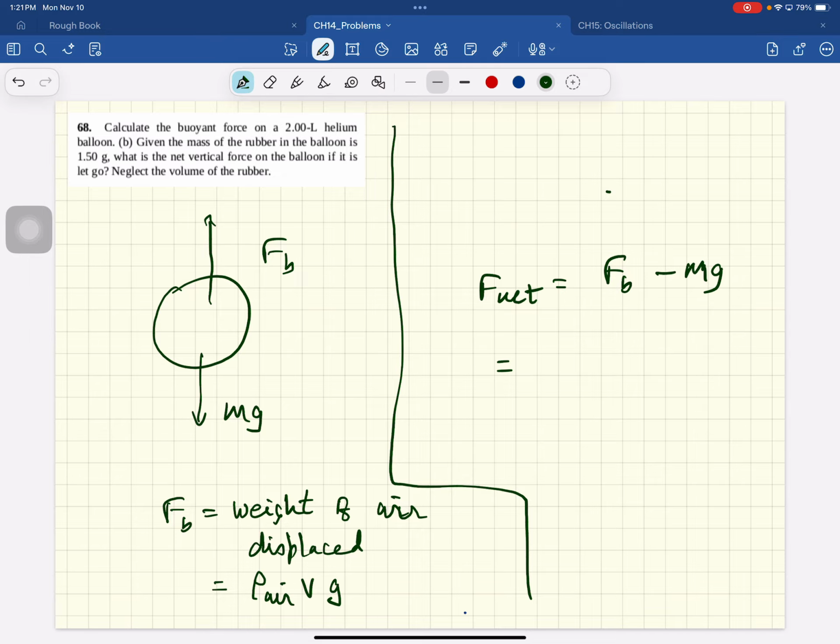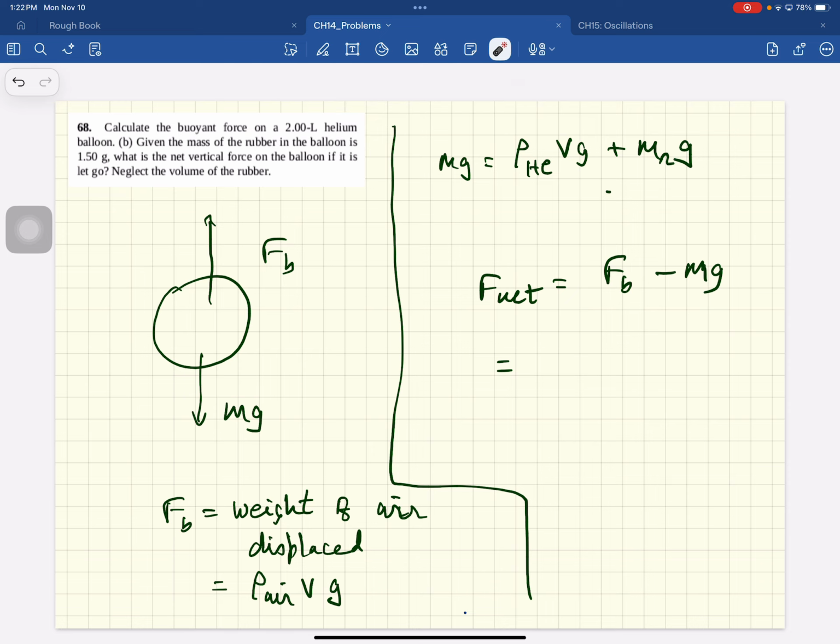That's the buoyant force, and mg is rho helium volume times g plus mass of rubber times g. So now the net force in the upward direction is this buoyant force minus mg.